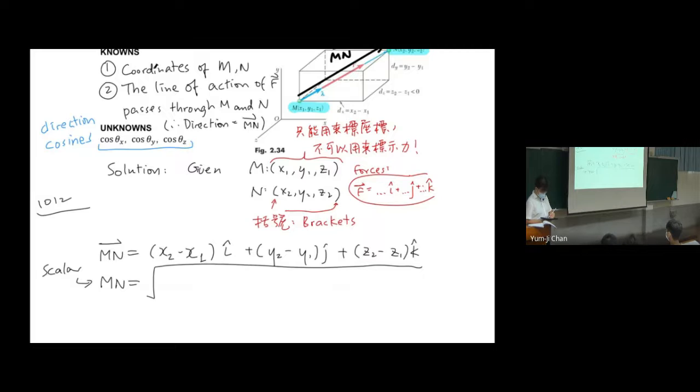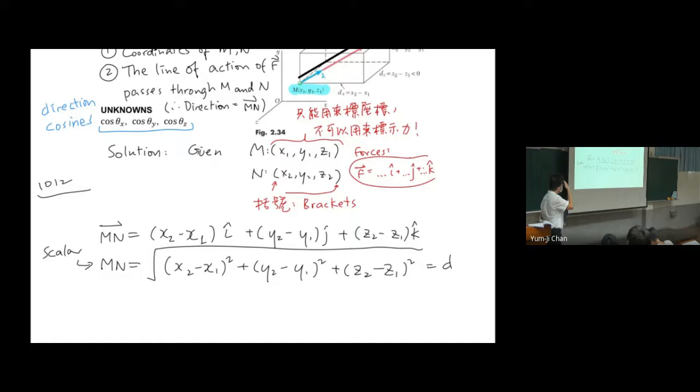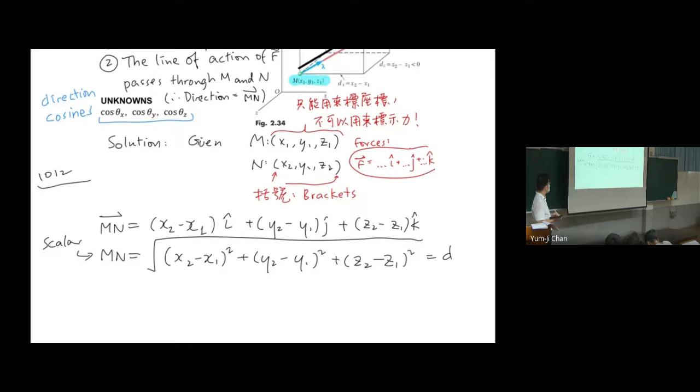Of course, you can do the mathematics. And we let this variable be d.